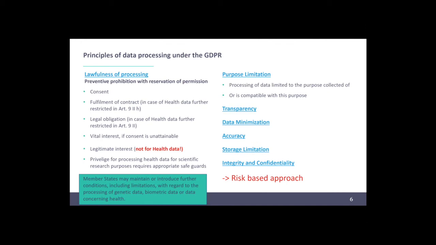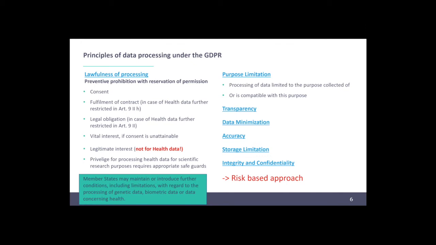We do have a privilege in the GDPR for processing health data for scientific research purposes. This requires appropriate safeguards, but we do have a privilege. So you don't have to ask for consent if you want to process health data for scientific research. Having said that, this is for scientific research only.